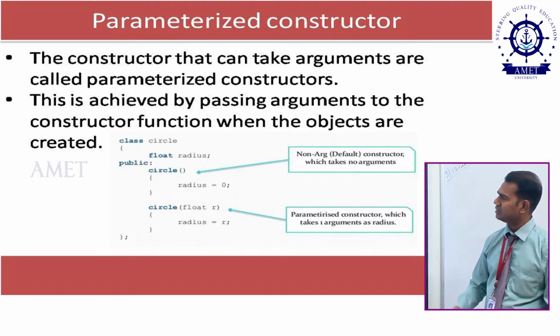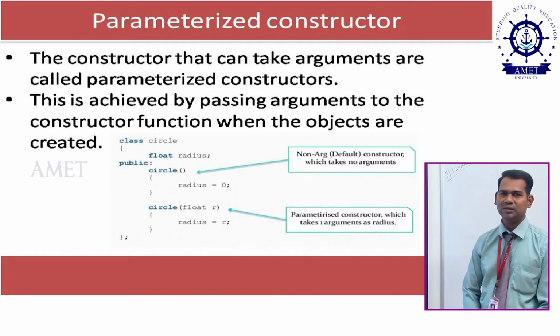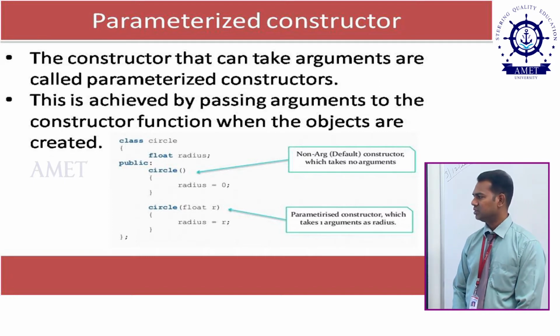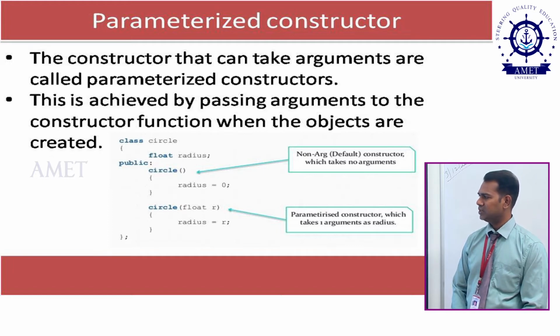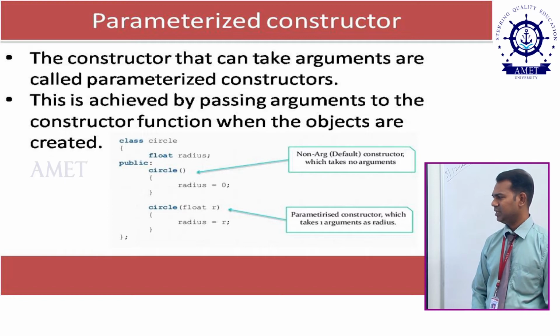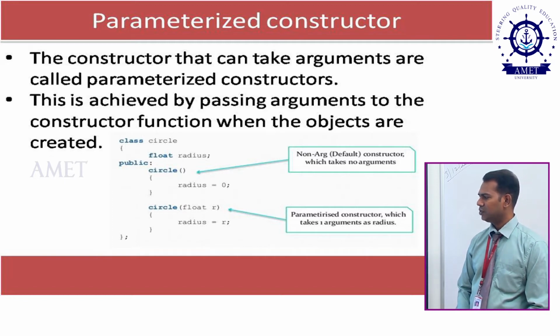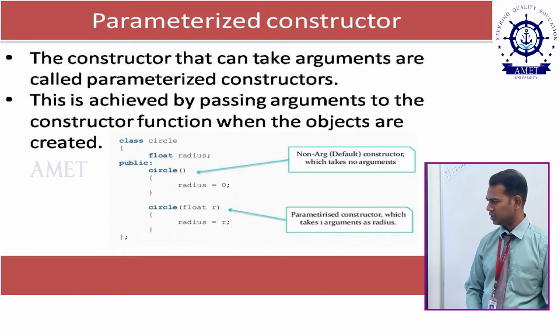So here we have an example with parameters, and we have started with class Circle, public. Here Circle is a constructor function, and it is matched with the class name. Inside we have a data member called radius of float type, followed by another function of a different type, which is also called Circle.